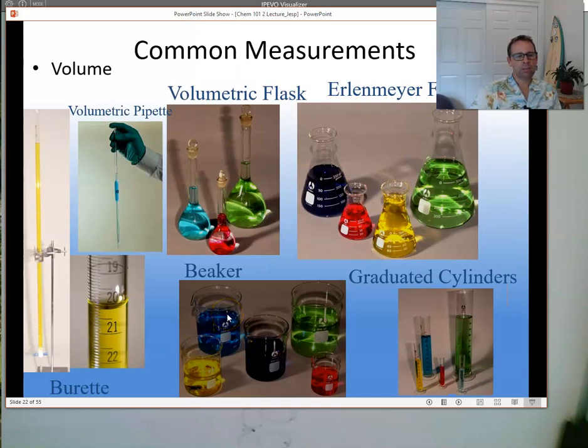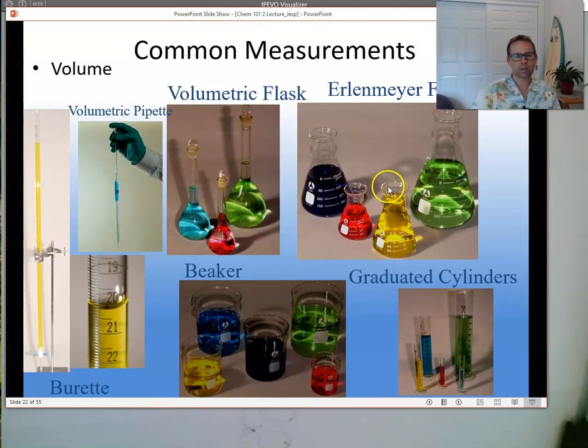In the chemistry lab, we have different containers for delivering different volumes. Beakers are not very precise, but they're good for just holding stuff. Graduated cylinders are more precise, but still not as precise as you'd want to make a solution. Whereas volumetric flasks, these ones here, the kind they use in alchemy, right? Those are the ones that you use to make solutions.